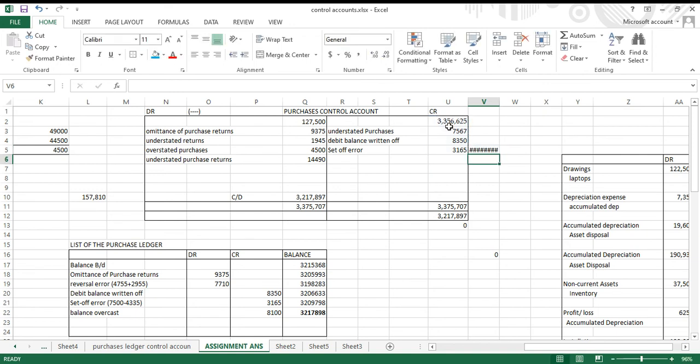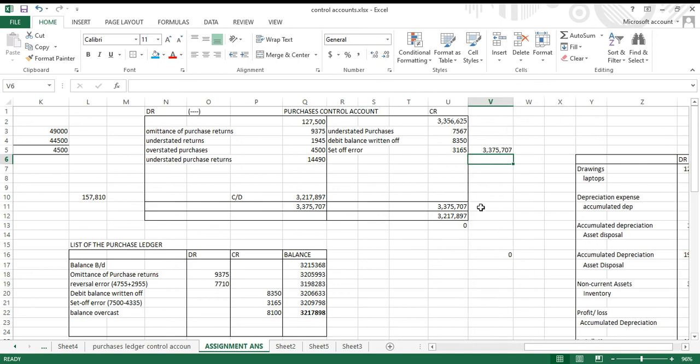So we sum them up, and we're going to get 3,375,707. When you total up these figures, this is the figure we're getting here.